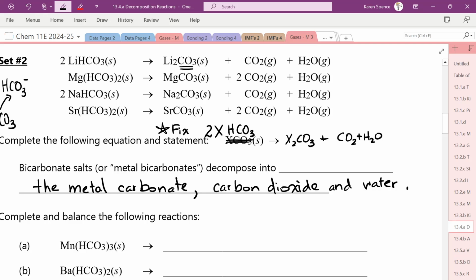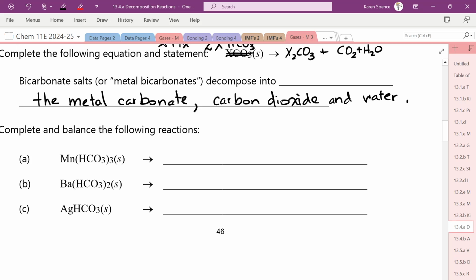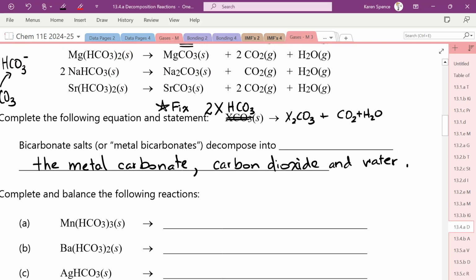Oh, steam. Well, because you're heating it, right? If you were to put liquid water, it would be okay. No one's going to get too mad at you, okay?